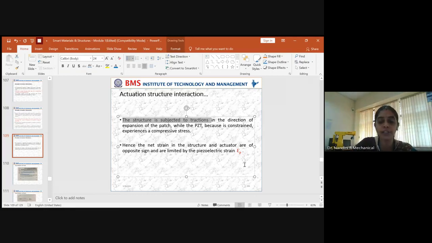And the traction generated will be in the direction of the expansion of the patch. Suppose you have a structure and an actuator constrained at this end towards your right, and you apply electrical voltage. Then the traction will be generated in the structure due to the deformation in the actuator.